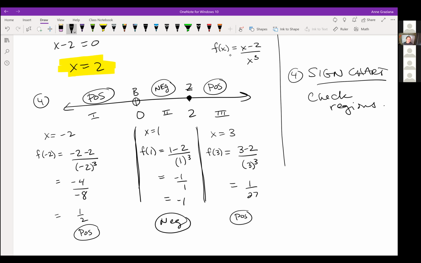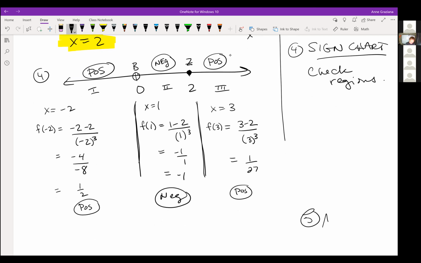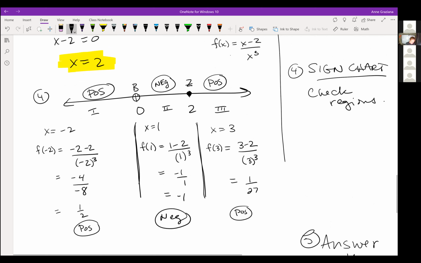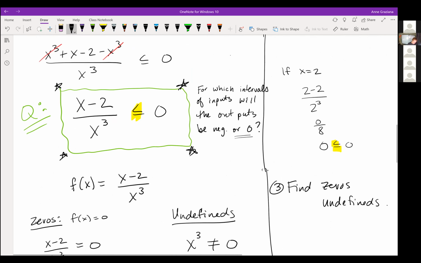Okay, so now I know where my outputs lie. I know if they're positive or negative. Let's go back to our question. So last step is answer the question. We wanted to know when this function is less than or equal to 0.